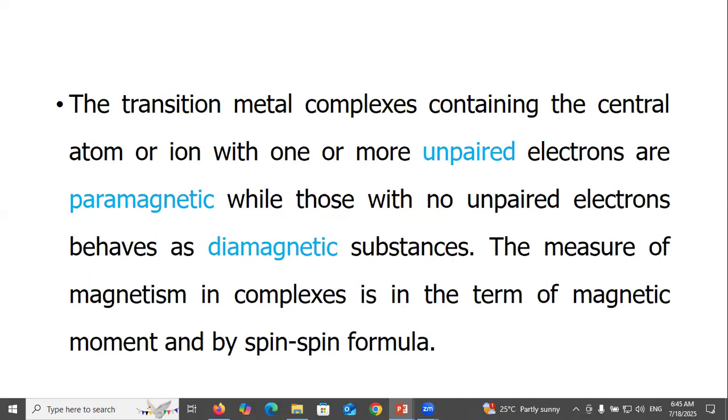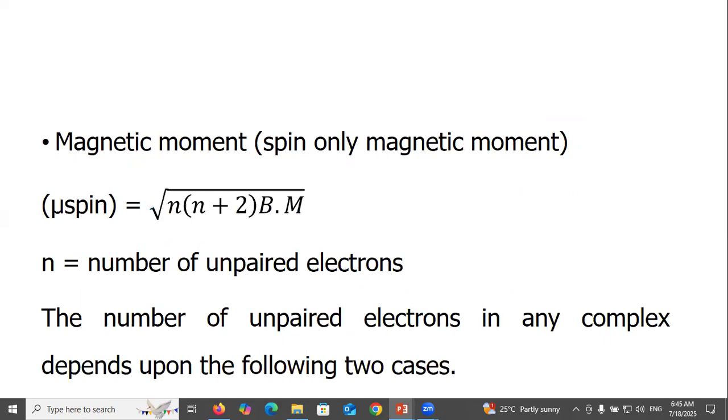The measure of magnetism in a complex is in terms of magnetic moment by the spin-only formula. Magnetic moment equals root under n(n+2), where n is the number of unpaired electrons. The number of unpaired electrons in any complex depends upon two cases.